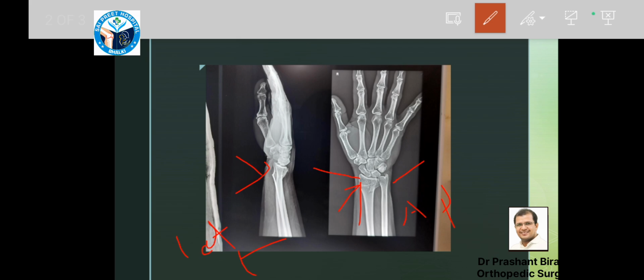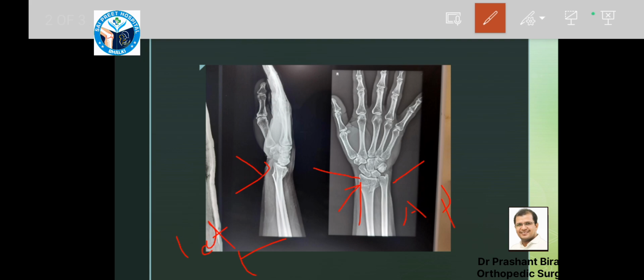Basically these fractures are common in elderly persons, but they can occur in young patients also, though it should be a high energy trauma like a fall from height or road traffic accident. Mostly it is common in elderly patients.